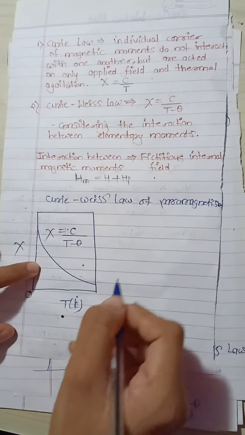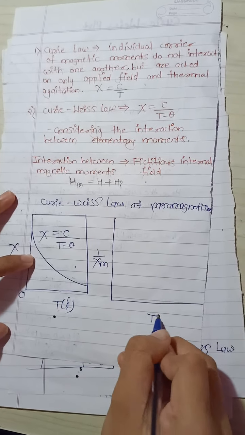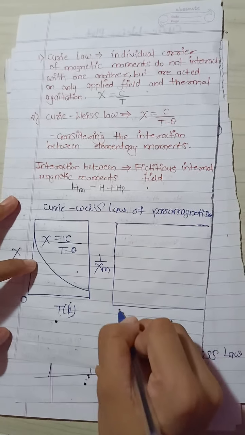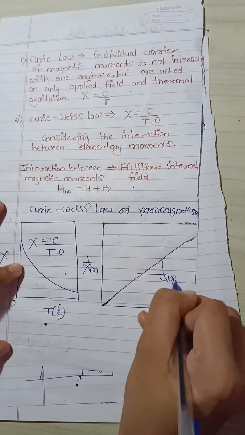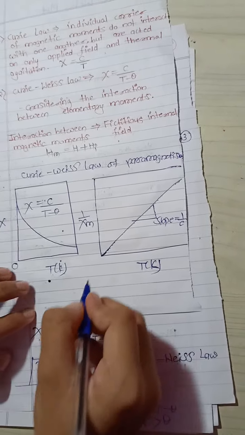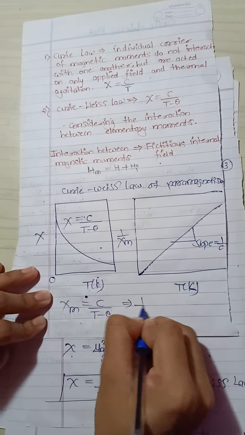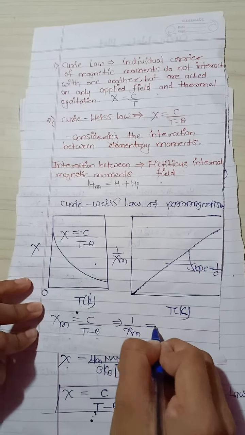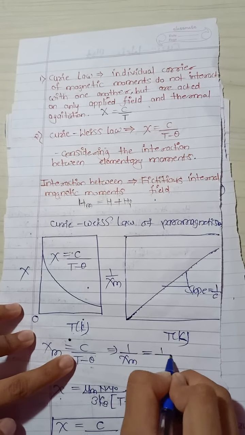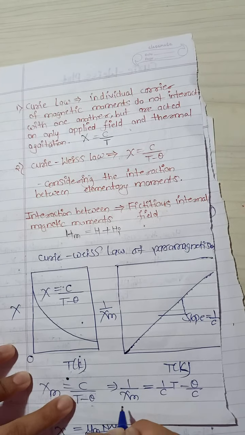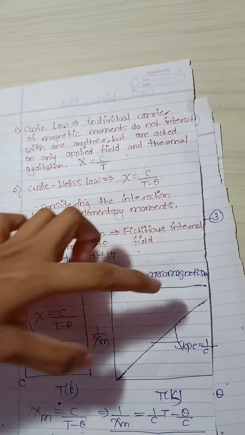We get this as a curve. For the inverse of susceptibility, meaning 1 by psi m versus temperature, we get a linear curve, which increases like this, and here is the slope, that is 1 by C, the Curie constant. Meaning psi m is equal to C upon T minus theta, and 1 by psi m is equal to T minus theta by C. For inverse of molar susceptibility versus temperature, we get a linear curve for the graph.